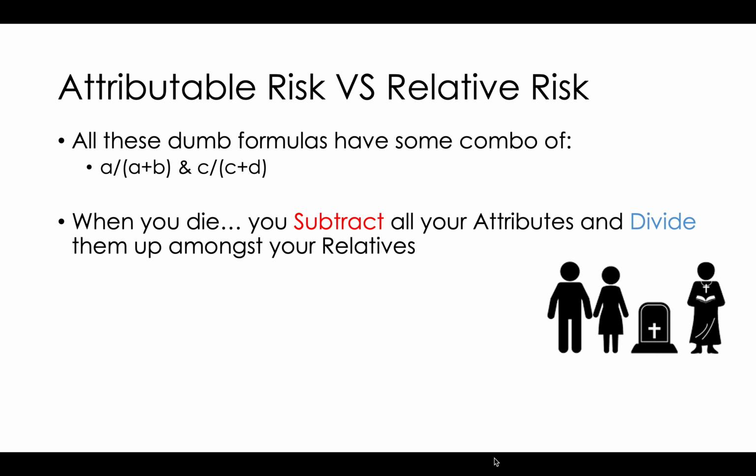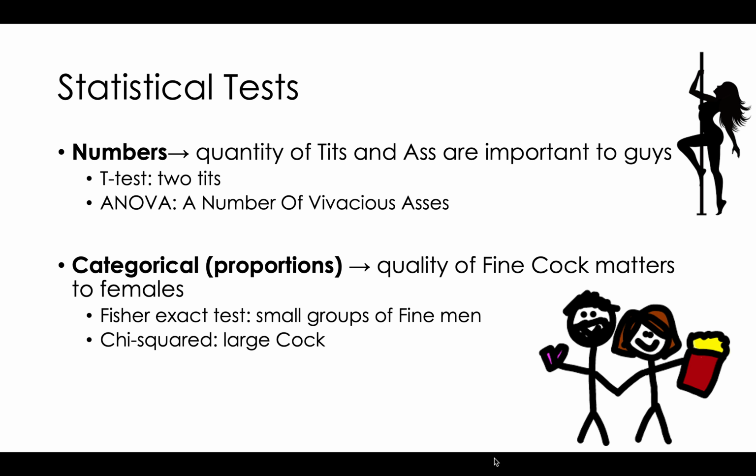So if you have a small group of fine men, that'll be a Fisher test, versus a chi-squared test would be a larger group. Okay? So if you can remember the guys like quantity of tits and ass for t-test and ANOVA, then you can remember the quality tests for Fisher and chi-squared as fine cocks that matter to females.